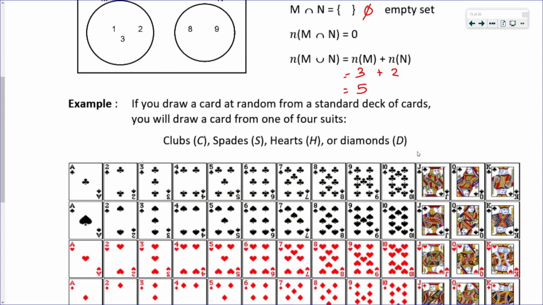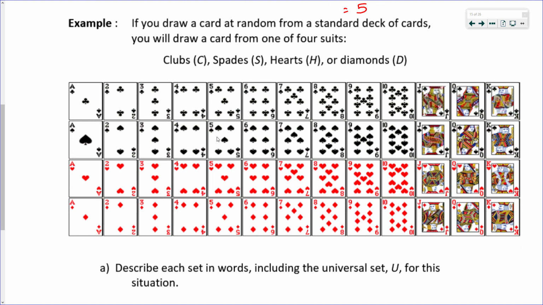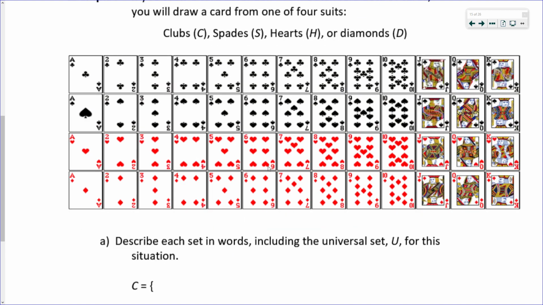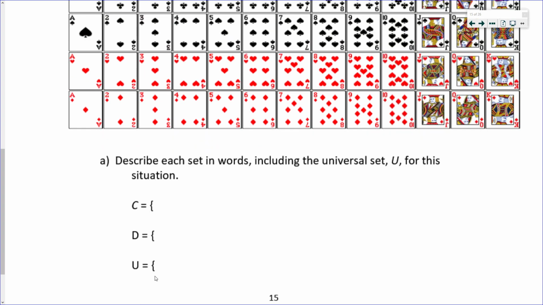So for example, if you draw a card at random from a standard deck of cards, you'll draw a card from one of the suits, so either clubs, C, spades, S, hearts, H, or diamonds, D. So we have our picture here just to help. We're going to describe each set in words, including the universal set U for this situation. So C is drawing a club.